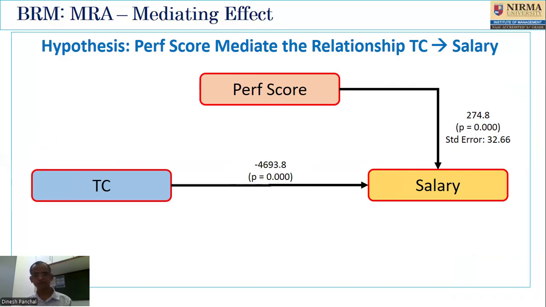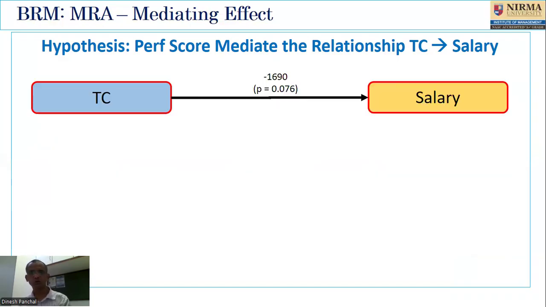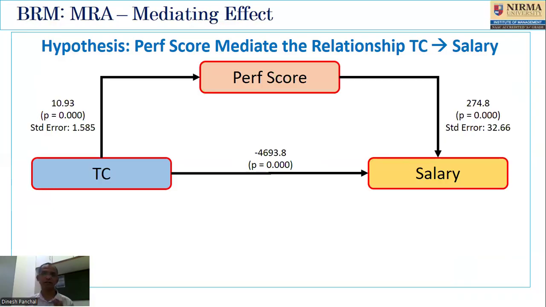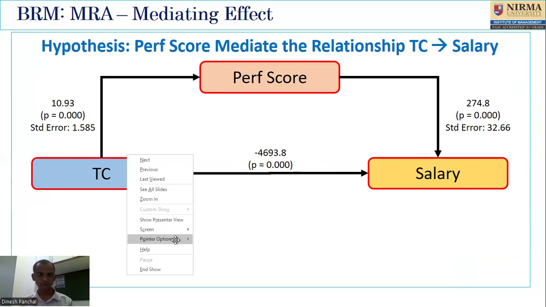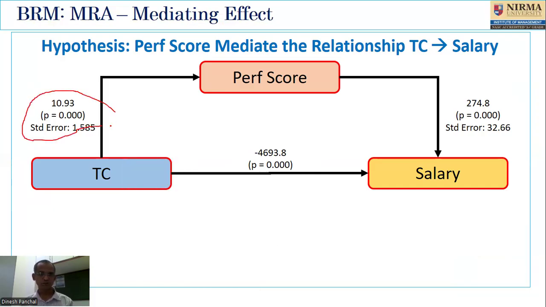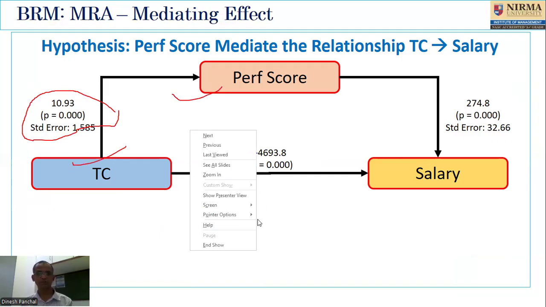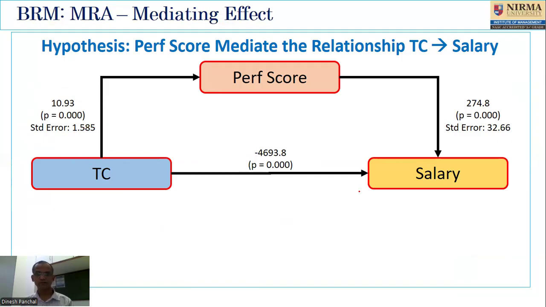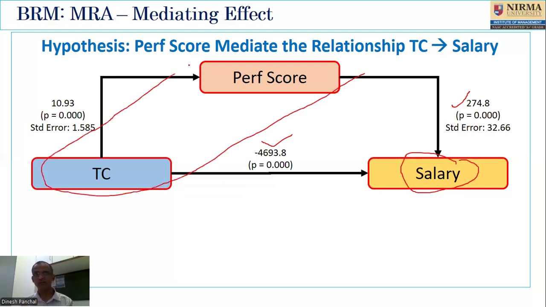We put that as well. Now our complete diagram is like this. This value is coming from the first regression, done with this as the dependent variable and this as the independent variable. And these values are coming from our second regression, where this was the dependent variable and these two together were the independent variables.